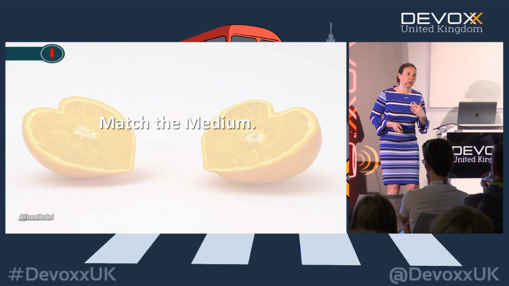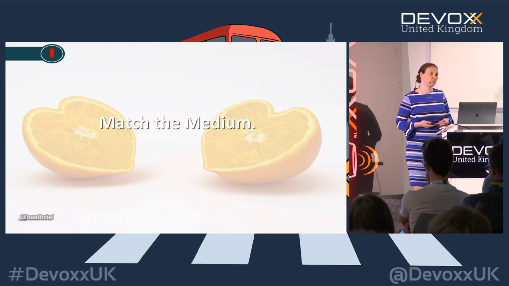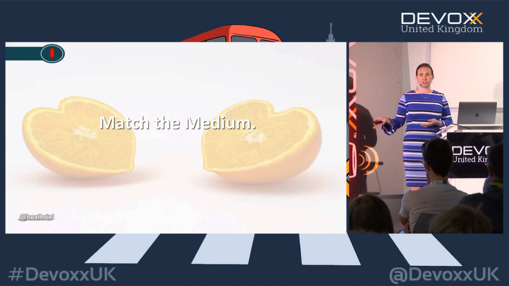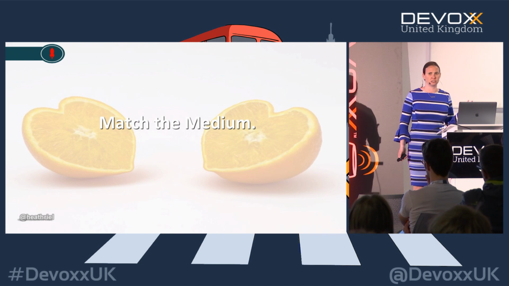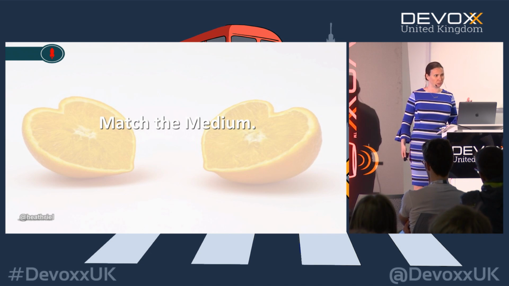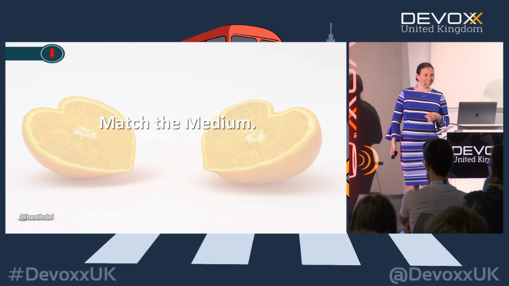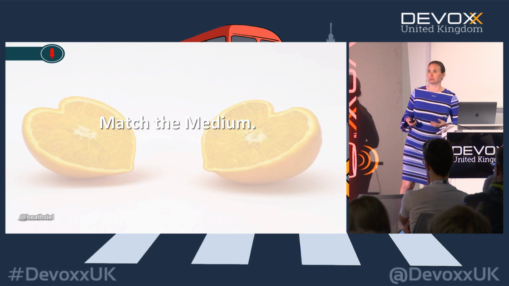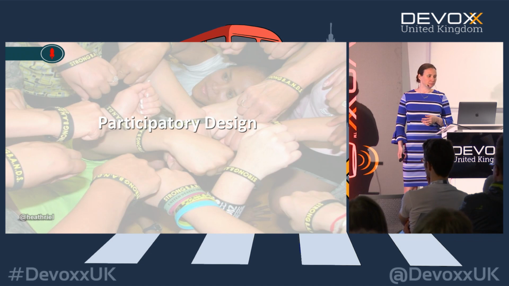However, you want to match the way that those things work and take advantage of what they can do. For example, if you're on iPhone, you can take advantage of Siri. And if you're on Android, you can use Google's, I can't remember what, Google's Assistant, yes. They keep changing the name of it. Being able to use the tools that you have available allows you to develop better.